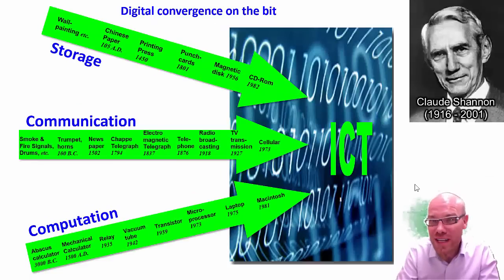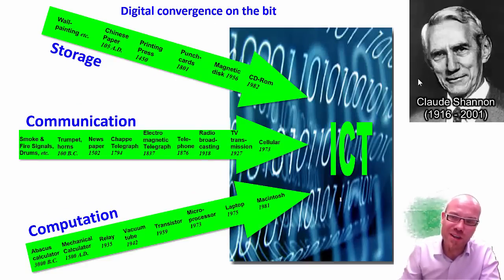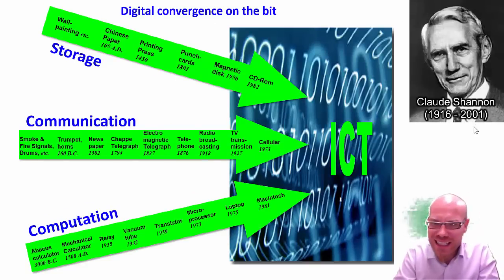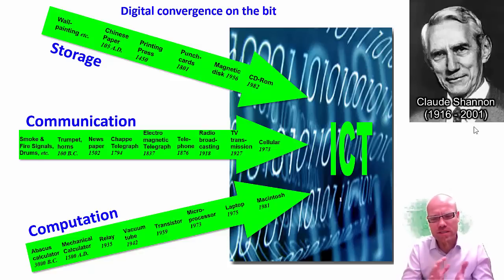The person who invented the bit is this person here, Claude Shannon. In 1948, he wrote a paper that conceptualized information as the opposite of uncertainty, which makes intuitive sense, right? If you have uncertainty, you don't have information. And if I give you information, it reduces uncertainty.